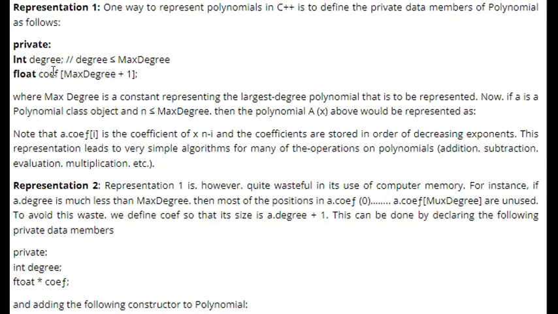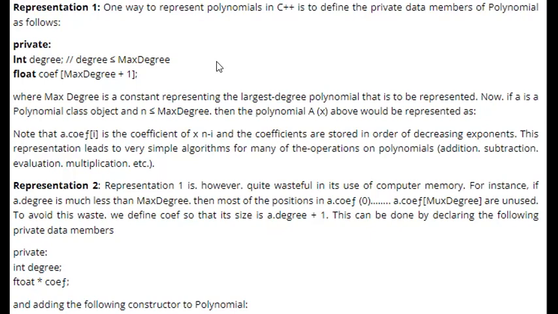MaxDegree is the constant representing the largest degree polynomial that is to be represented. The degree should be less than or equal to MaxDegree, which is the largest degree you can represent. And coefficient should have size MaxDegree plus 1.